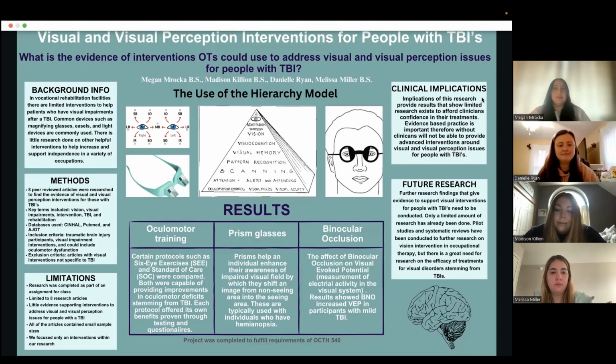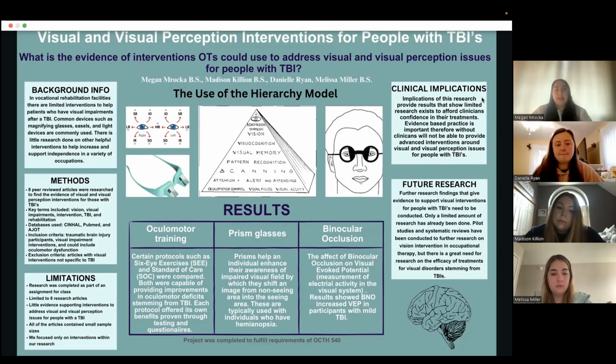Okay, so now we're going to jump down to some of the results we found for interventions. So our first one was ocular motor training. The article represented 2 different protocols. It was a pilot study. So we have the 6 eye exercises protocol, which is your bottom-up kind of model, and it uses eye stretches, tracking, gaze, stabilization, spatial location, saccades, and vergence to strengthen the eyes.